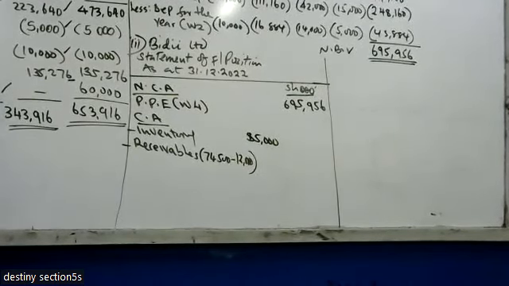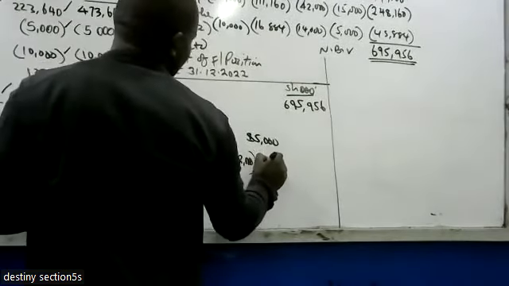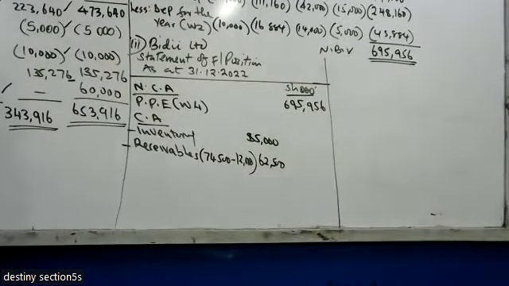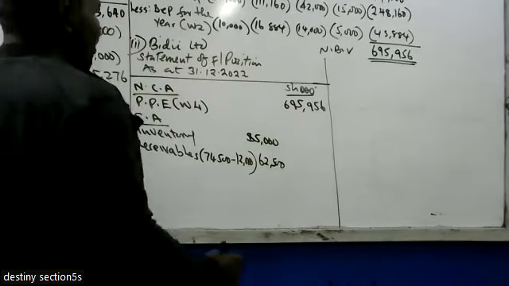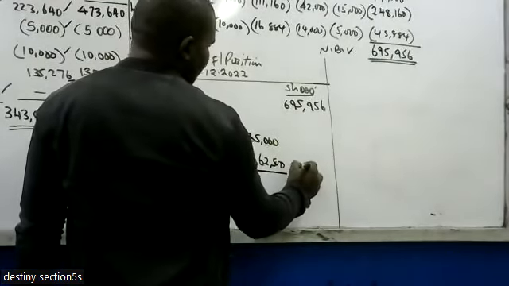Minus 12 is 62,500. Then there was bank balance, but the bank balance is appearing on the credit side. If you check it keenly, it is on the credit side, so we can't bring it here. So this one will be 114.